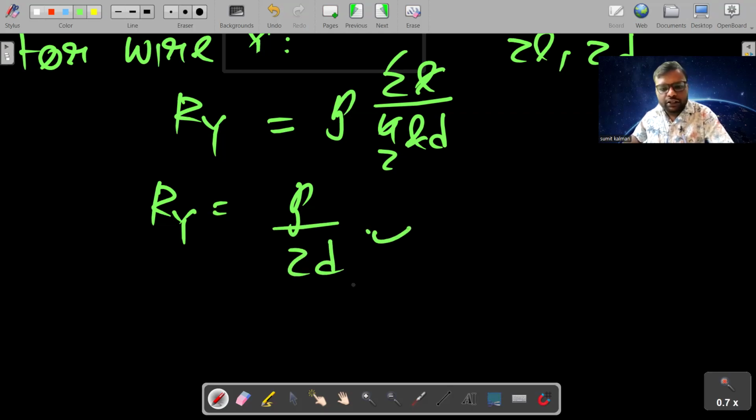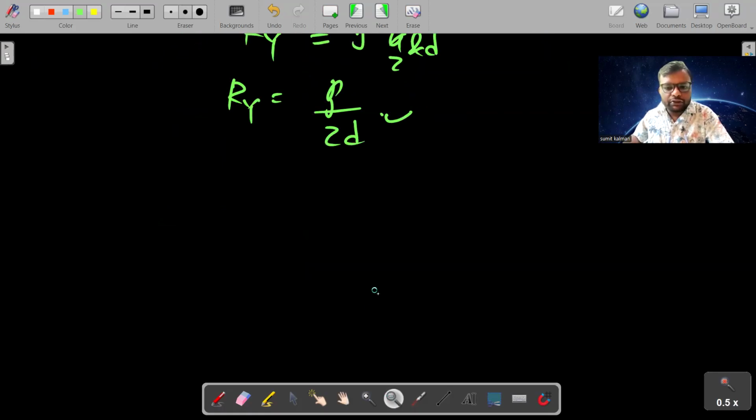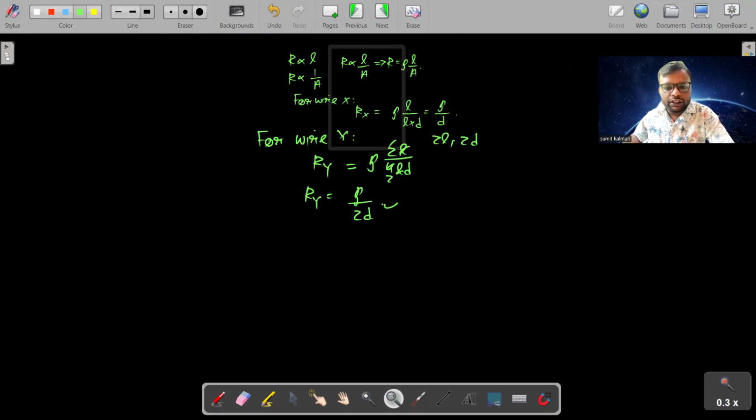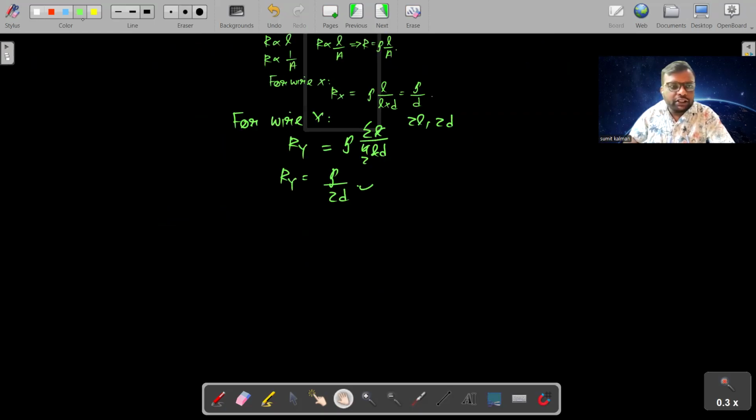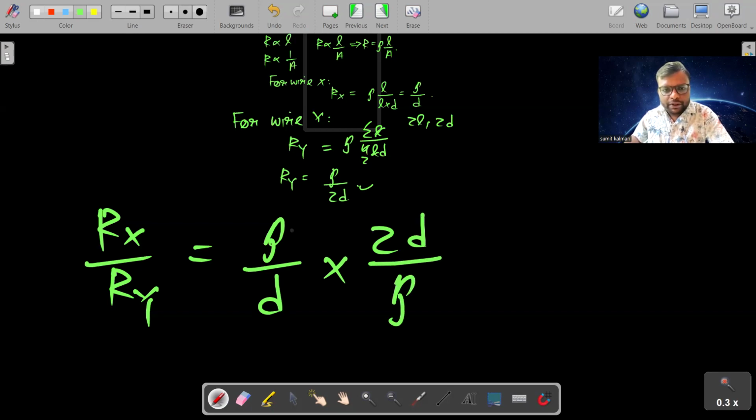Is it clear? So now, friends, we have to compare both resistances. So what we will do here? We will divide Rx upon Ry, and it will be equal to how much? Rx is rho upon D and Ry is rho upon 2D. So here it will be 2D upon D. Rho and rho will cancel out, D and D. You will get 2.